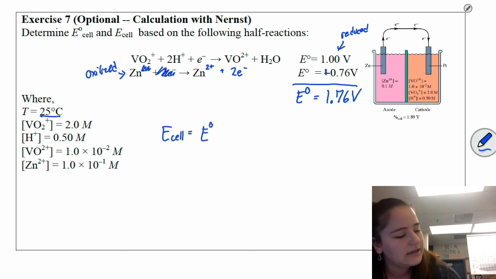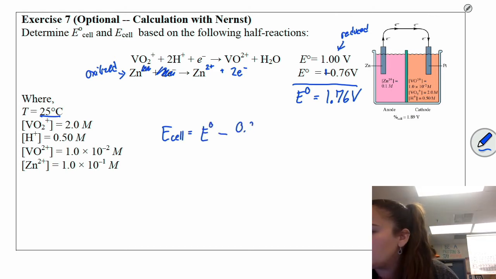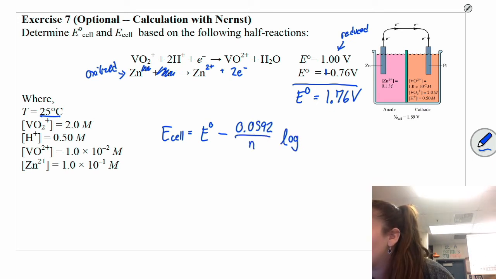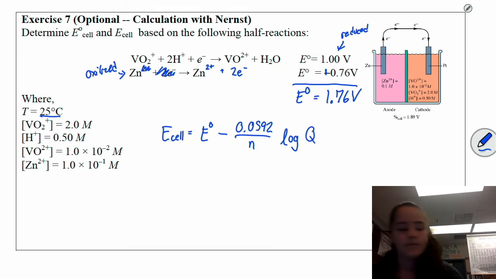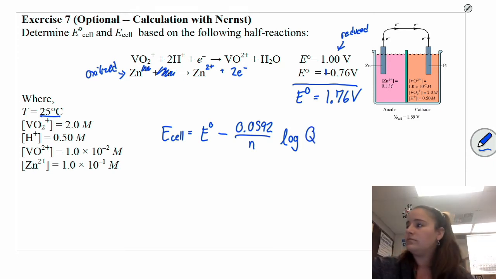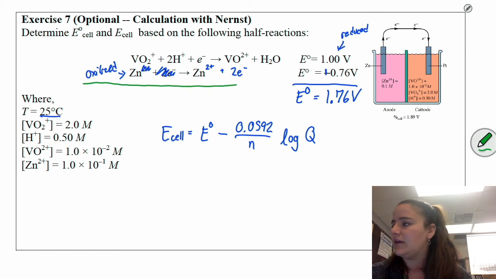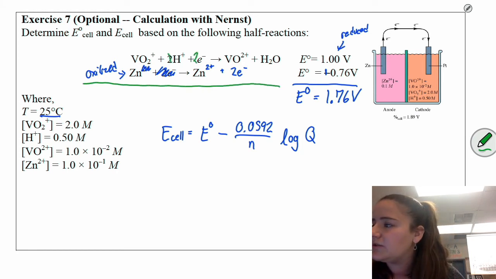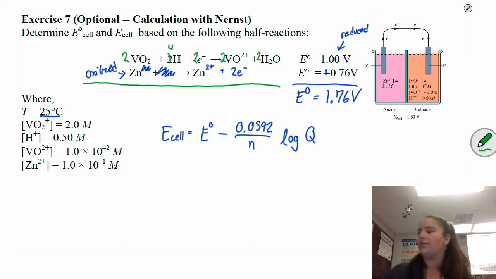Okay, and it is at 25 degrees Celsius, so we can use that Nernst equation where E cell equals E naught minus 0.0592 over n log of Q. And Q, in this case, we have to write to that overall reaction. Okay, so we're going to have to add up these. We're going to have to multiply this top one by 2. So we got a 2 there, 4 there, 2 there, 2 there, 2 there.